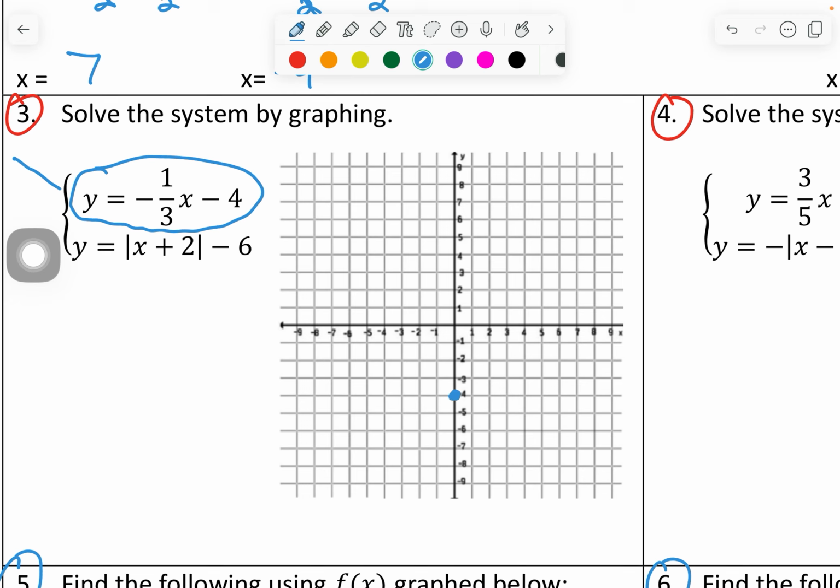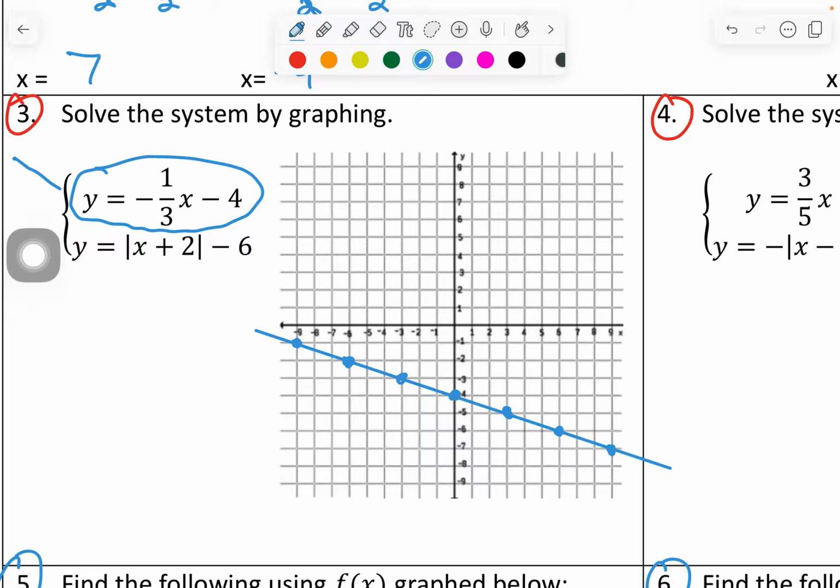You'll get the y-intercept down there, and negative 1/3 is the slope. So I'm going to go down 1, right 3, down 1, right 3, down 1, right 3. To go to the other side, I do the opposite: up 1, left 3, up 1, left 3, up 1, left 3. Then you connect the dots.